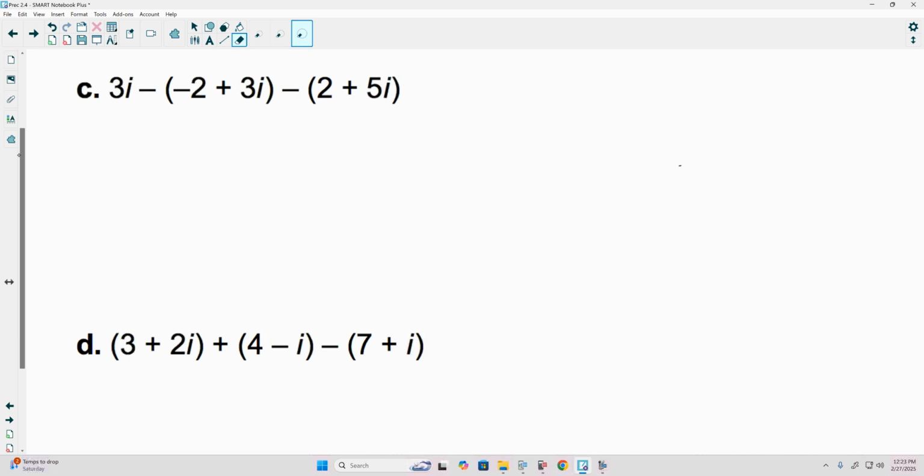And again, we can keep doing these by hand. We drop the parentheses, distribute the negatives, and it'll get us to our answer after we combine like terms.